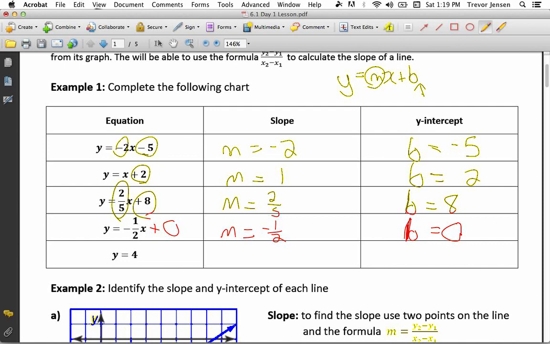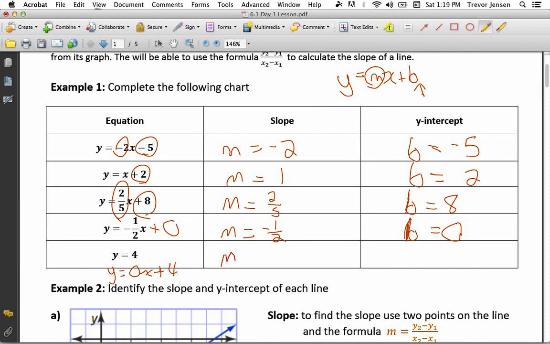For the last one here, y equals 4, we don't even see an x value. The only way there could be no x value is if the x was being multiplied by 0. So think of this as 0x plus 4. What's 0 times x? 0 times x is just 0. That's why all we're left with in the equation is just y equals 4.